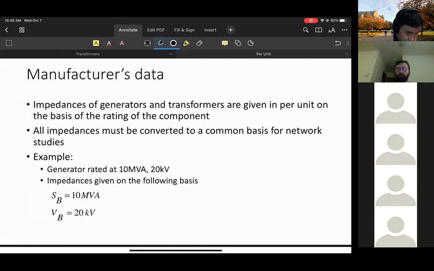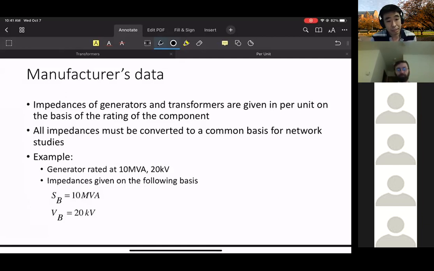The transformer will say, I'm rated at 10 MVA and 20 kV. And it will give you all the impedances in per unit systems. It doesn't even bother to give you SI units for the impedance and the shunt and everything.